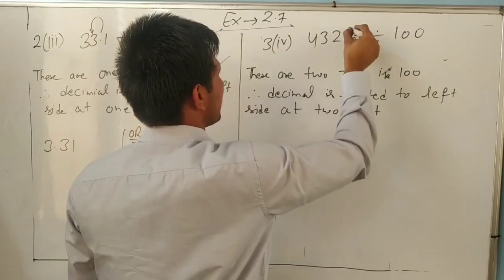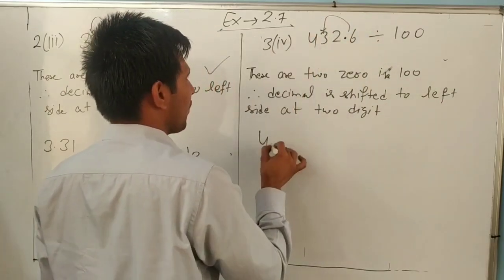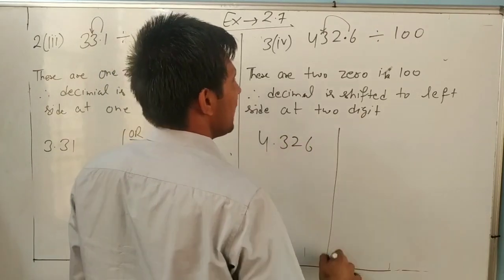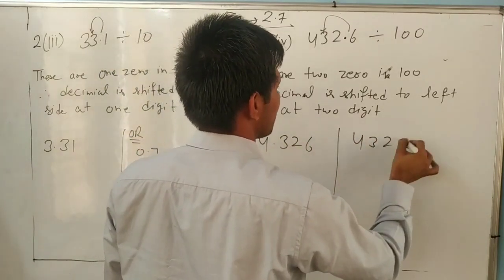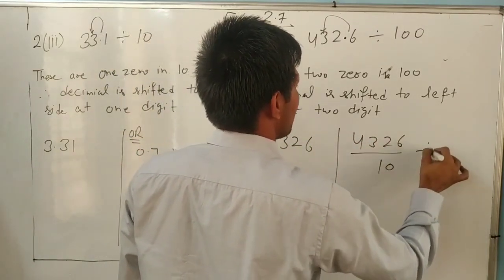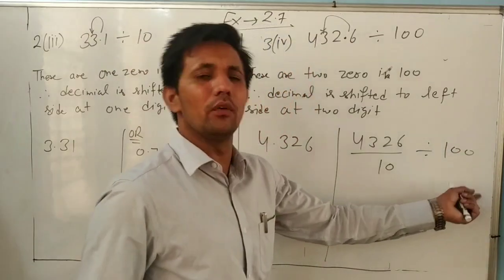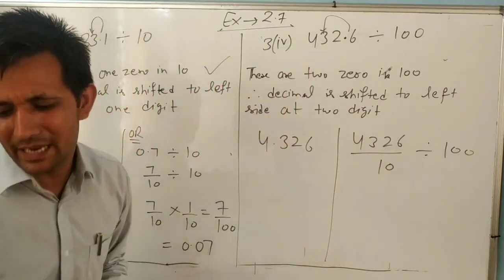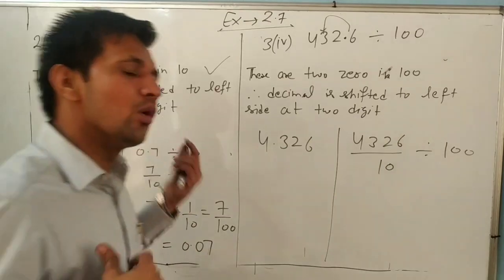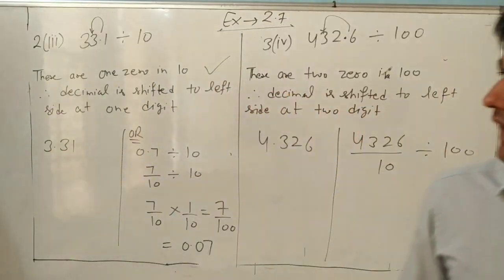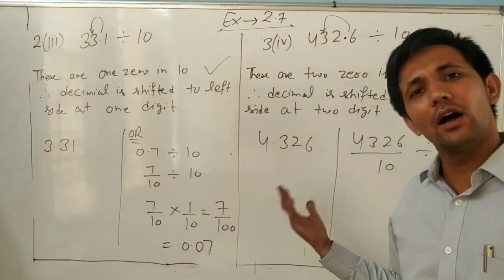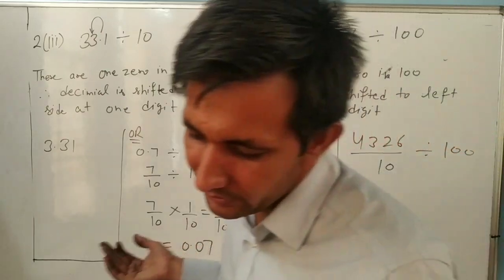So it will come here. So 4.32. Otherwise you can solve by this method also. Divide by 10 and write the reciprocal of 100. Understand? Same as it is, dear. You can do the fourth question also. In the fourth also we are dividing by 1000. It's very simple, dear. Understand?